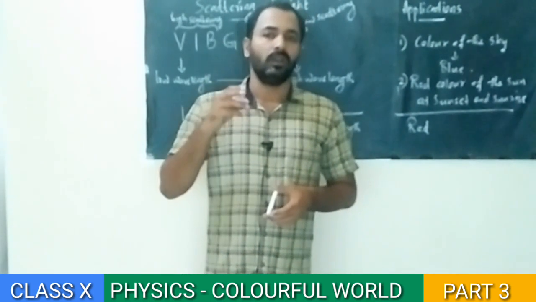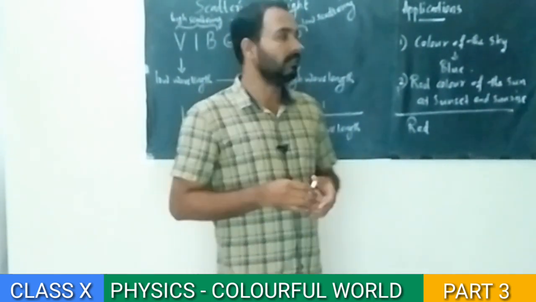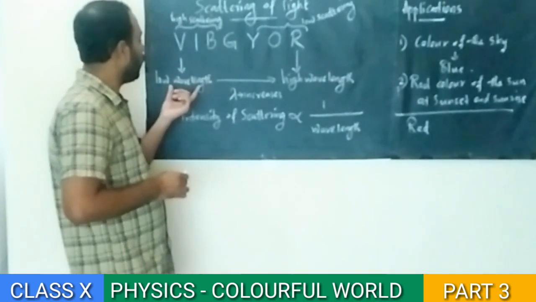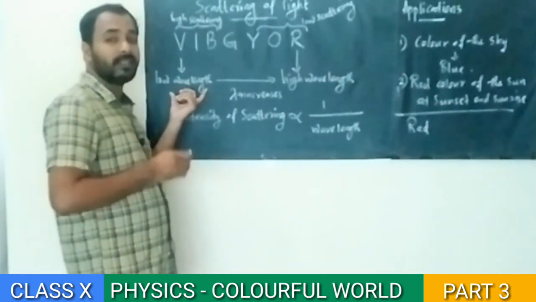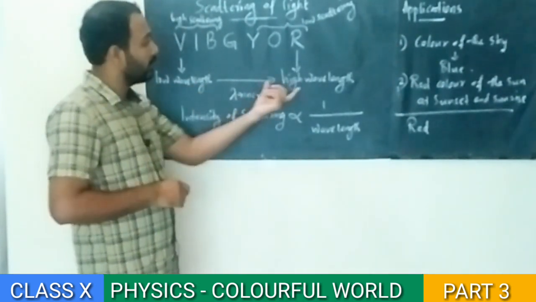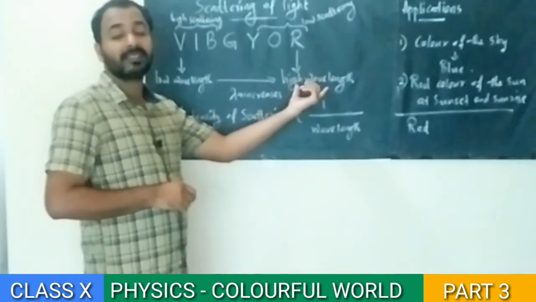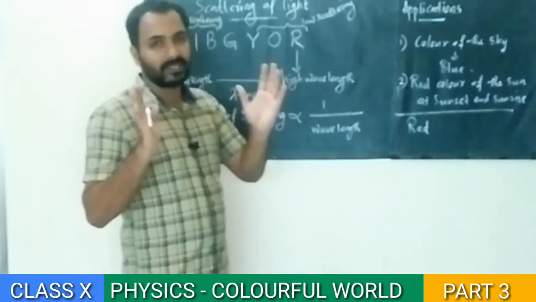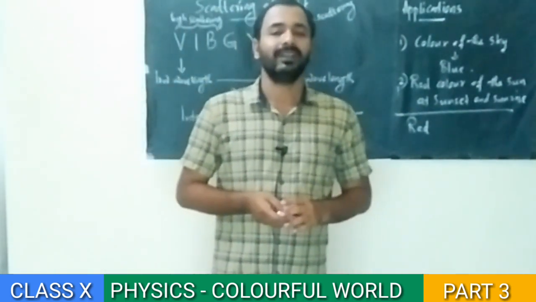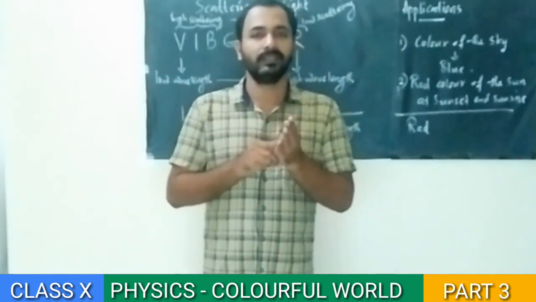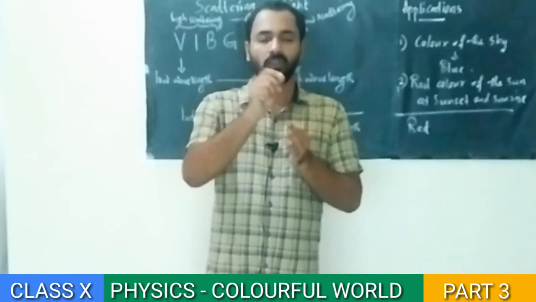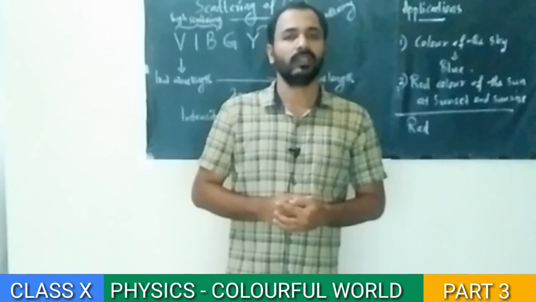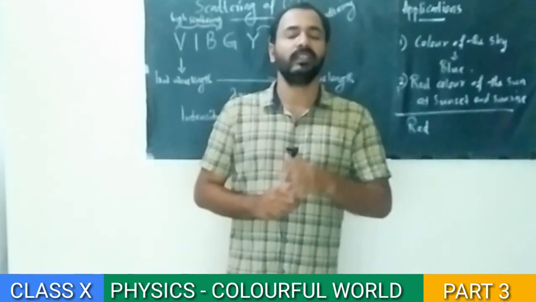On very fine particles, low wavelength color scatters more. On large size particles, high wavelength color scatters. In the case of the atmosphere, it contains dust particles, gas molecules, very fine water droplets, etc. These are all very fine particles.